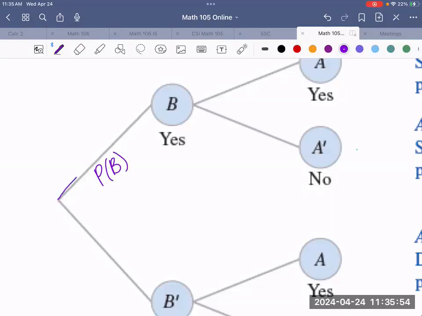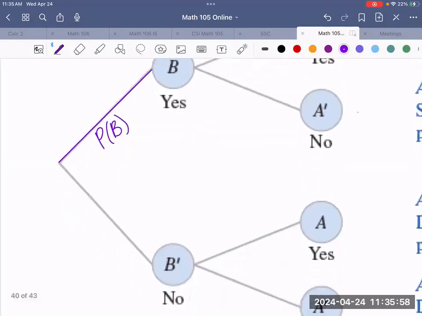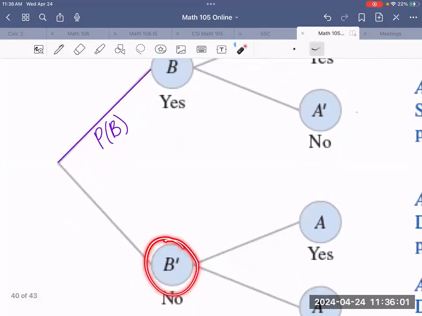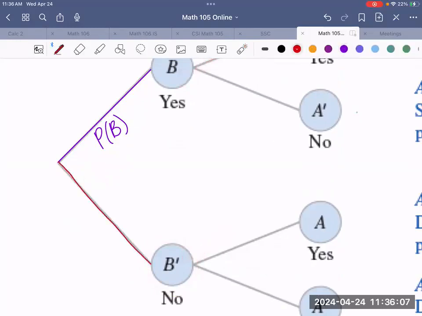This branch here is the probability of B, which means not B, right? You either saw the ad or you didn't see the ad, which means down here is the probability, the probability that you didn't see the ad, right? So that's how it works.